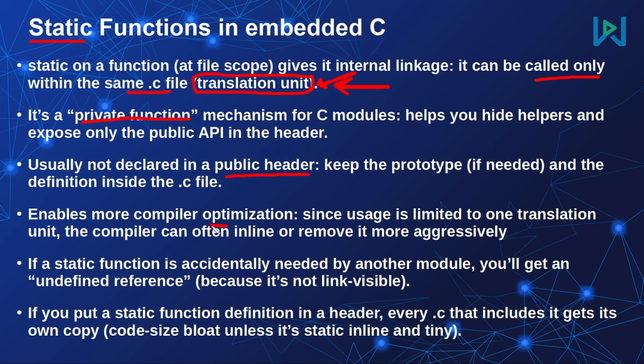Because our static function is limited to a single translation unit, this will enable the compiler to do further optimization within the context and scope of this translation unit, compared to having this function shared between different translation units.